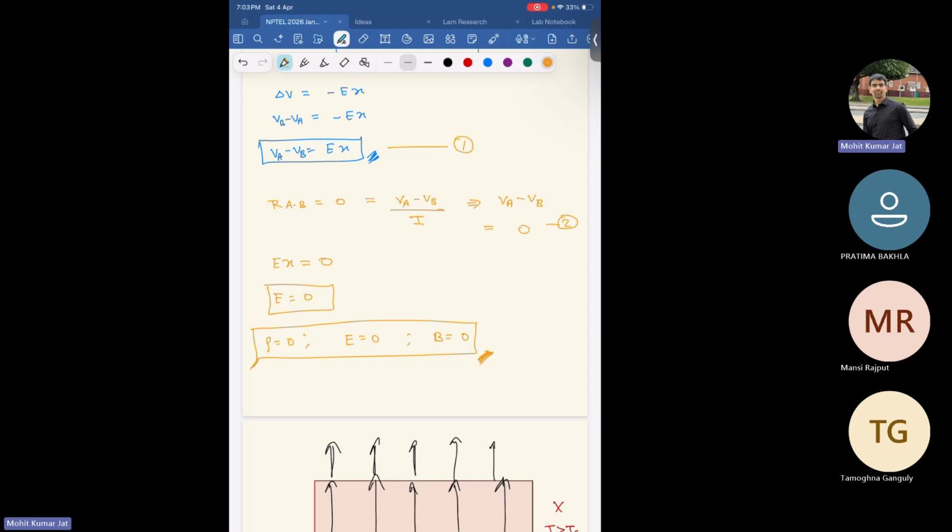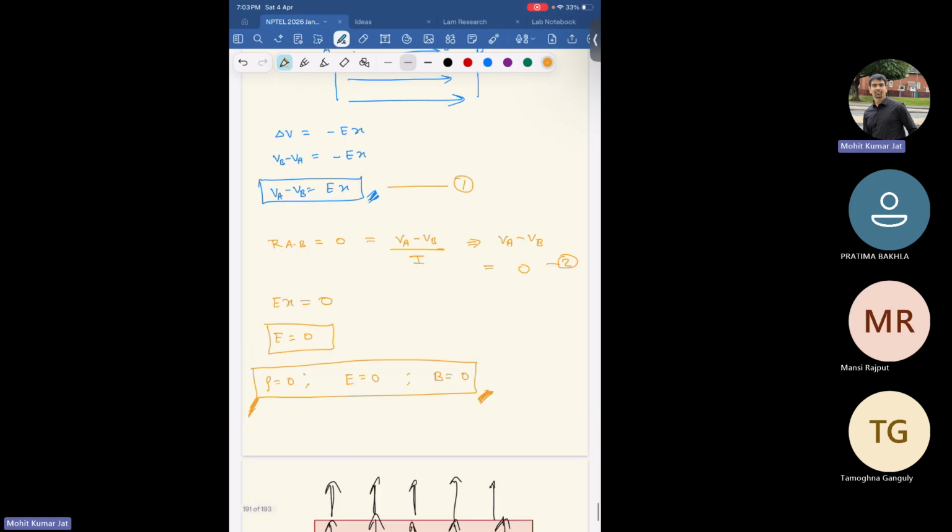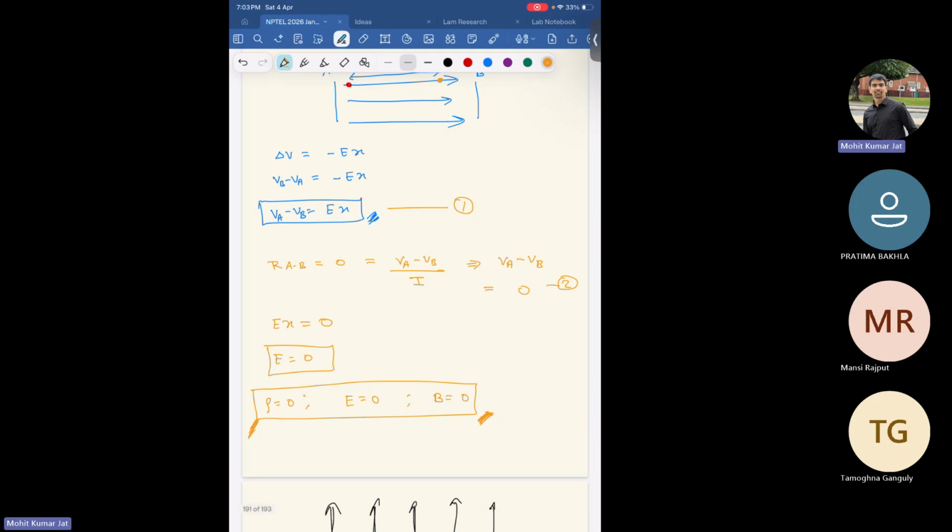If you have any question on these, please ask in the chat box. Is this clear? At least these three relations, because they are very important about superconductors.